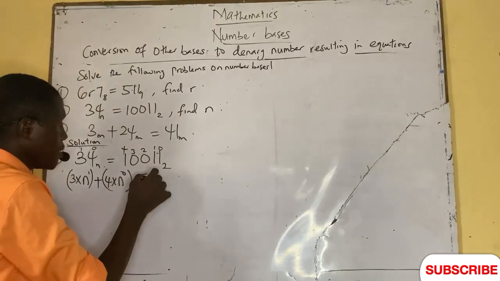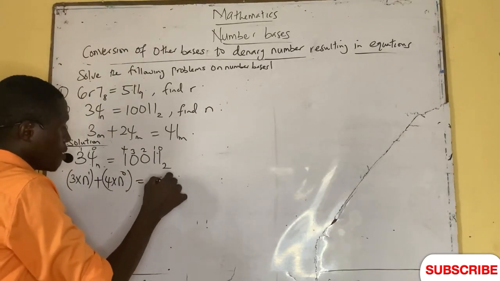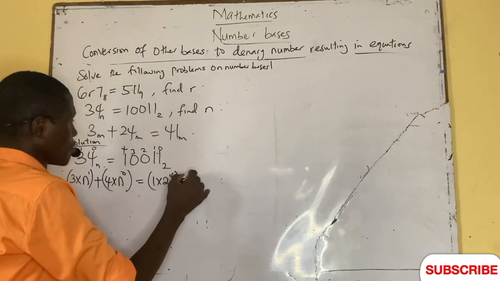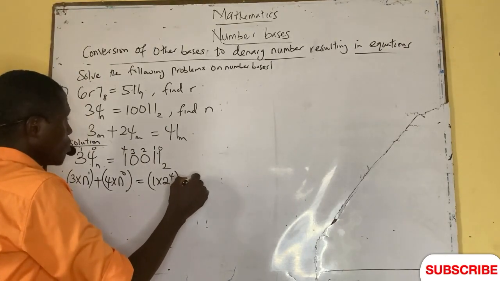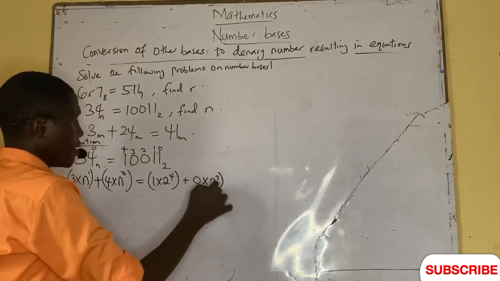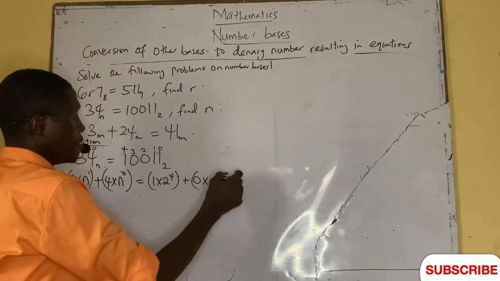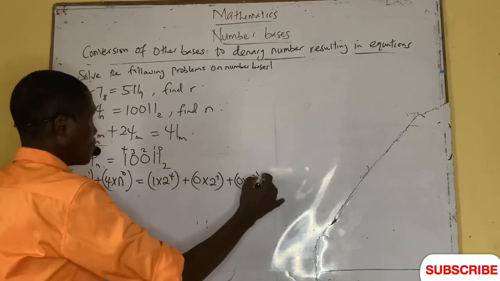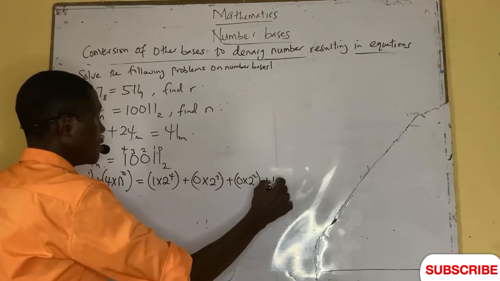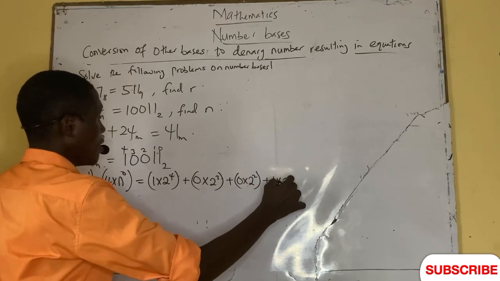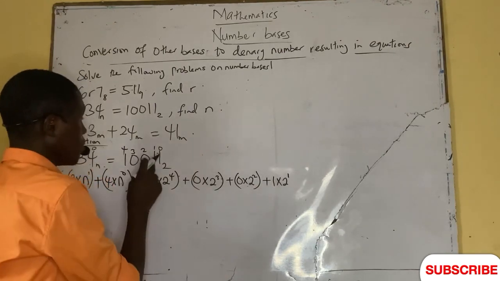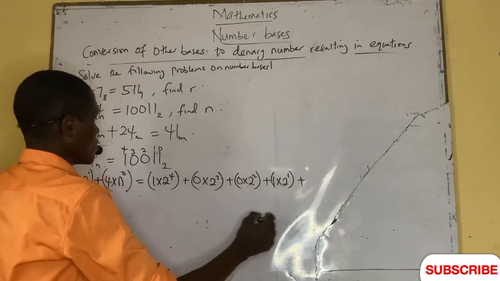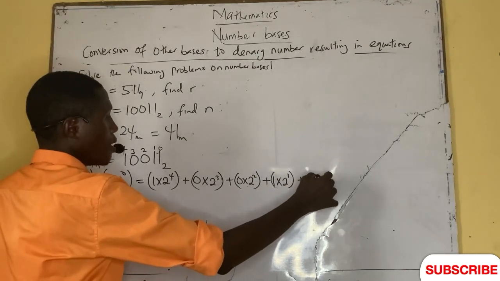Please follow. I'm putting this one in brackets just as we usually do. Equal to, now this one is base 2, 1 times 2 raised to power 4 plus 0 times 2 raised to power 3 plus 0 times 2 raised to power 2 plus 1 times 2 raised to power 1 plus 1 times 2 raised to power 0.